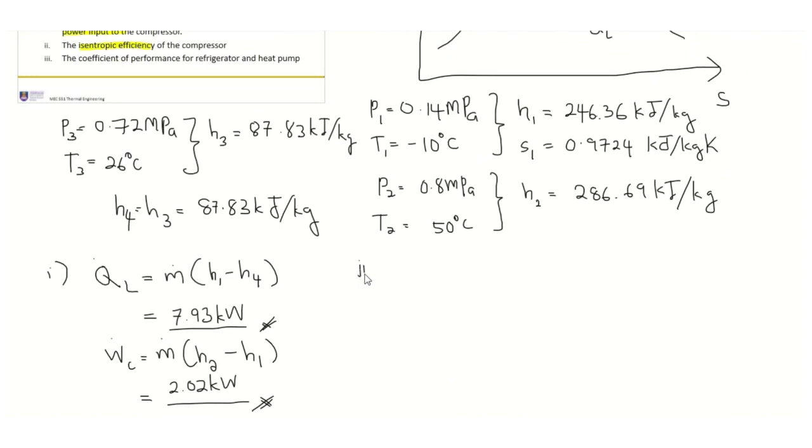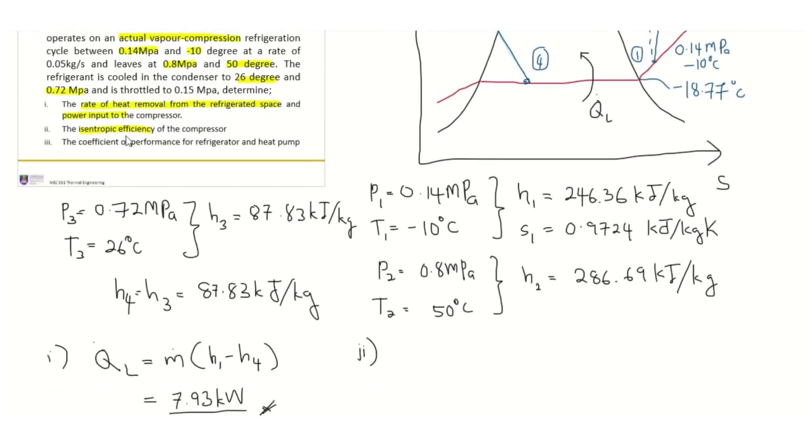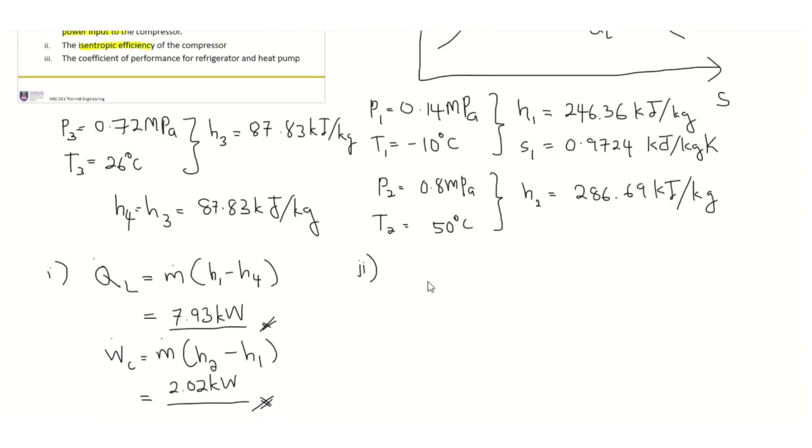Next we go to number 2. In number 2 we talk about isentropic efficiency.